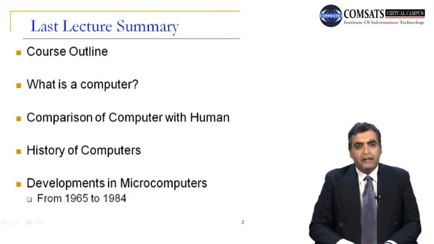Then we compared the computer with the human. The processing model of the computer is similar to the human. There will be some input that will be processed and converted into some output.